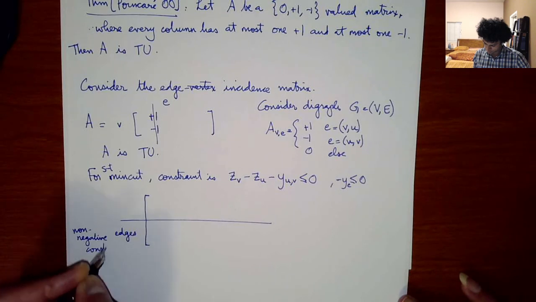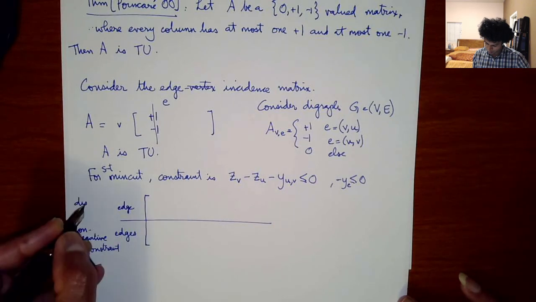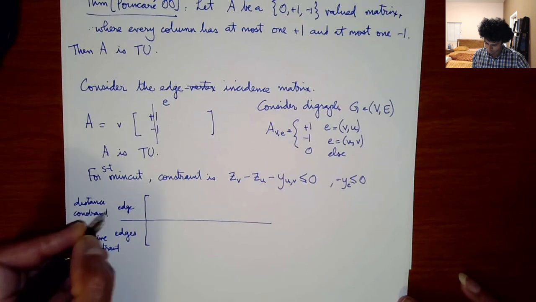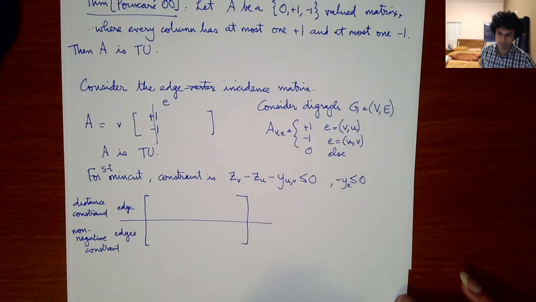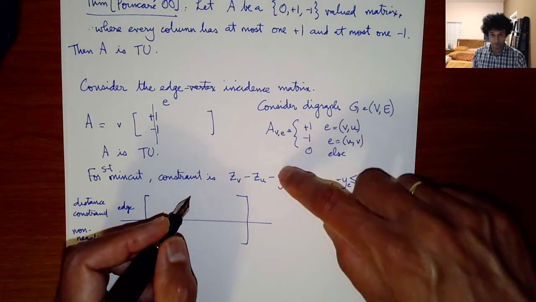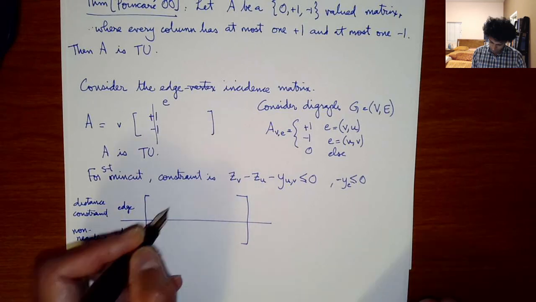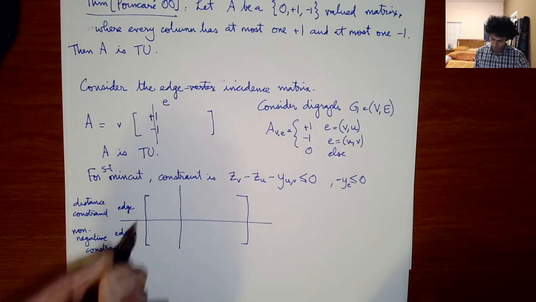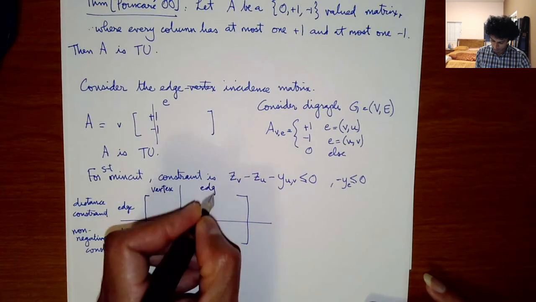And again, you have edges over here, and you have the distance constraint. And the variables are of two types. There are the vertex variables, and there are the edge variables.